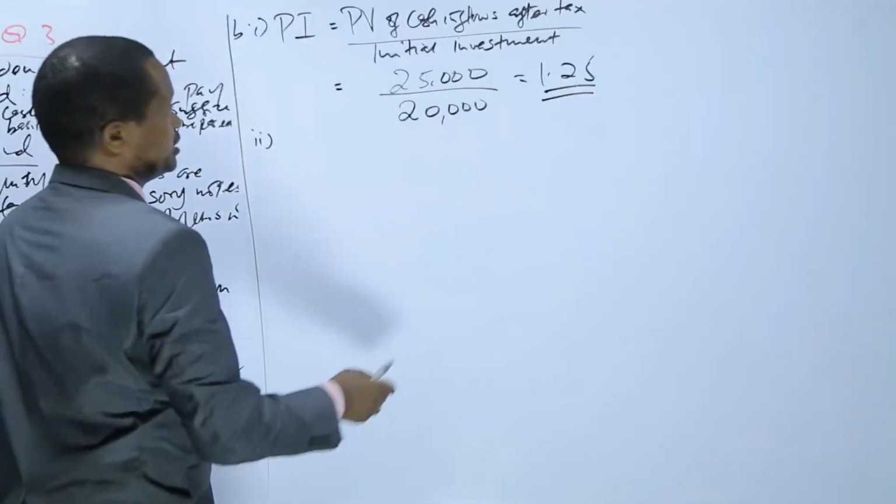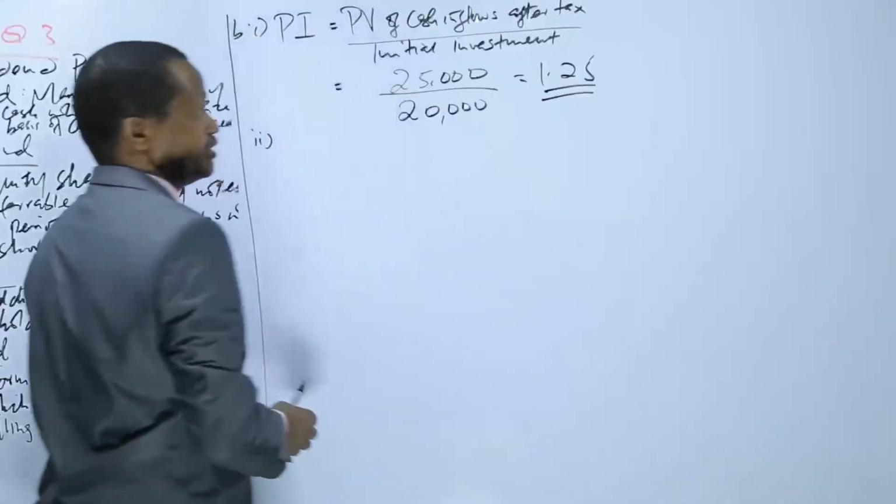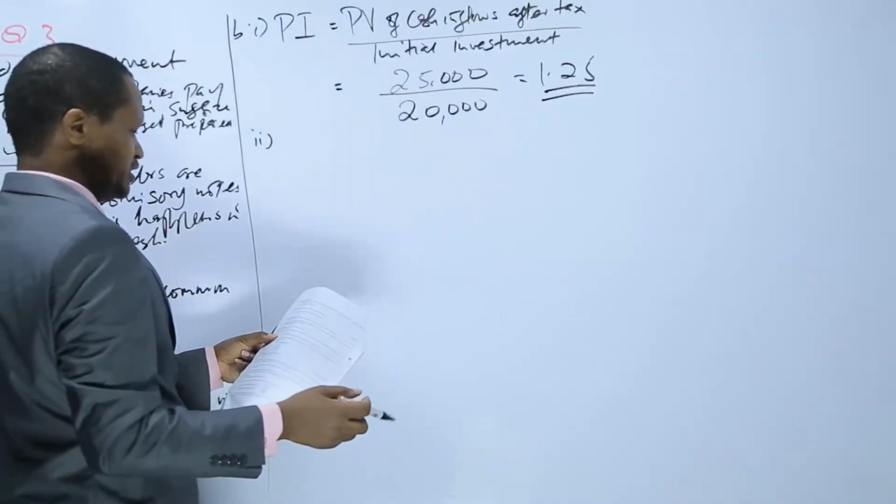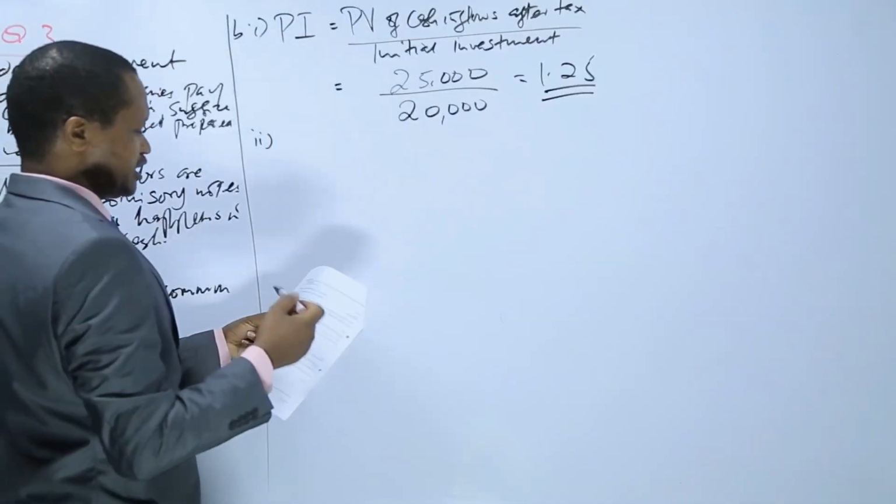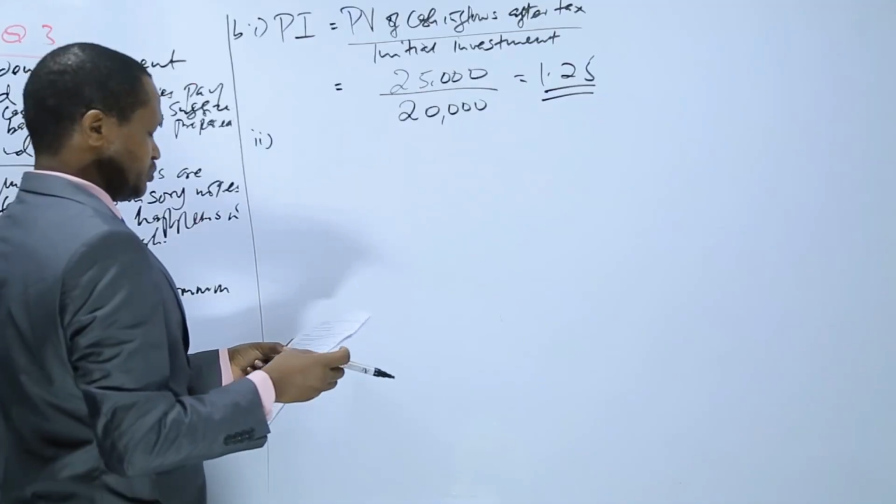So we can see here the PI is greater than 1. The question is to advise the company whether to undertake the investment project.